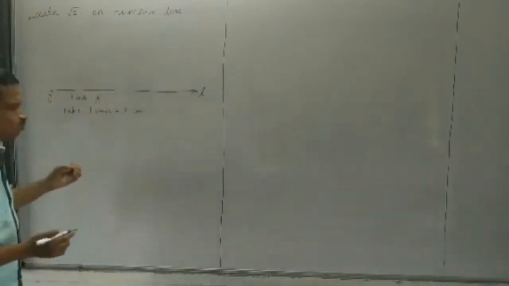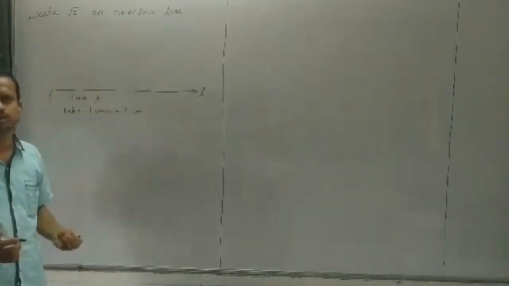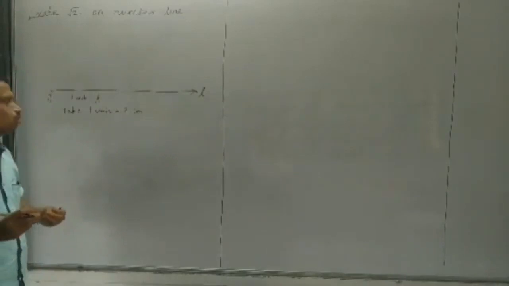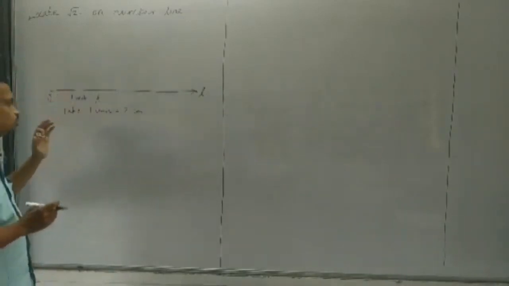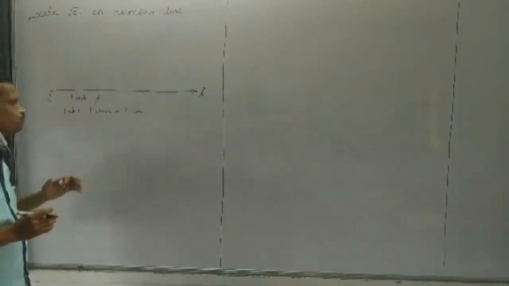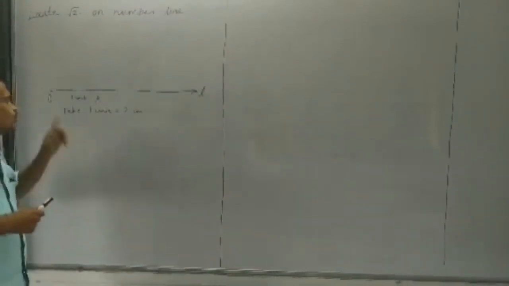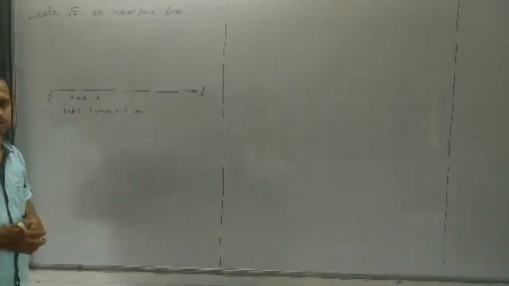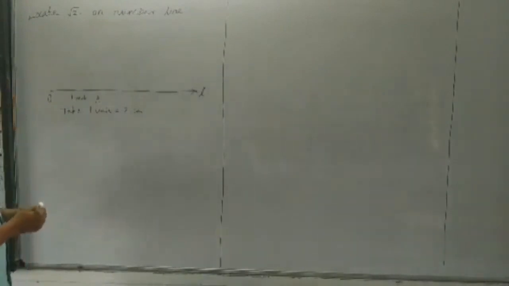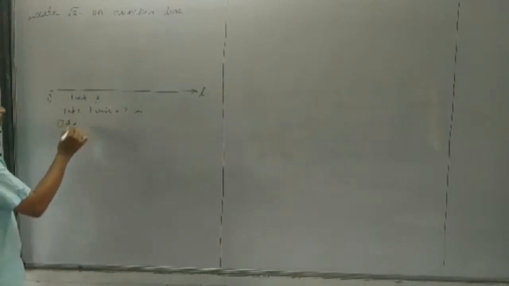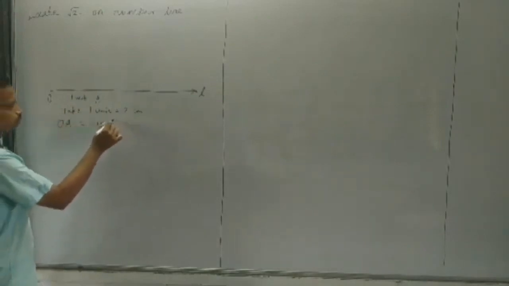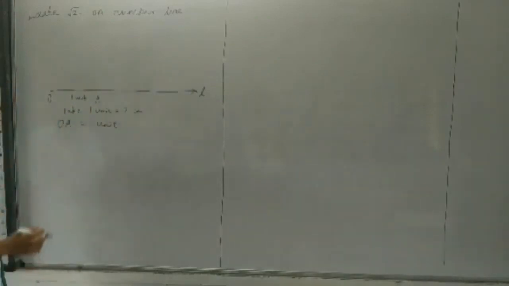Okay, if you take 1 centimeter it will be too small to see. So to see it clearly, you have to take 1 unit as 2 centimeter. Okay, and now OA, sorry, 1 unit. 1 unit is 2 centimeter measure. Just it.